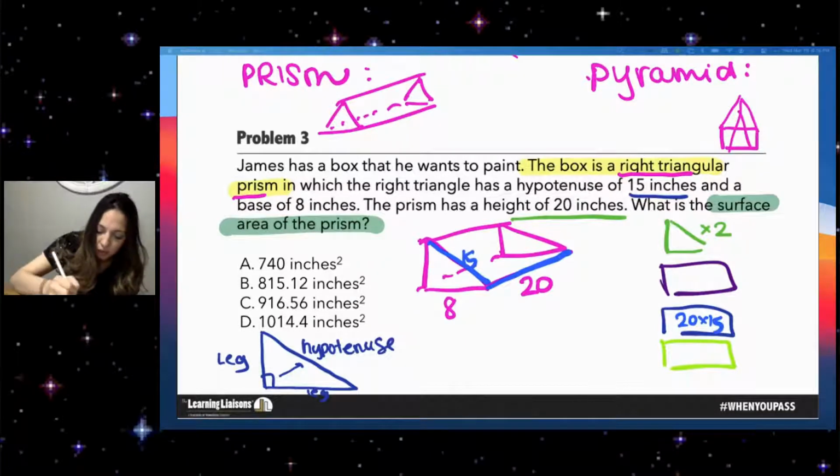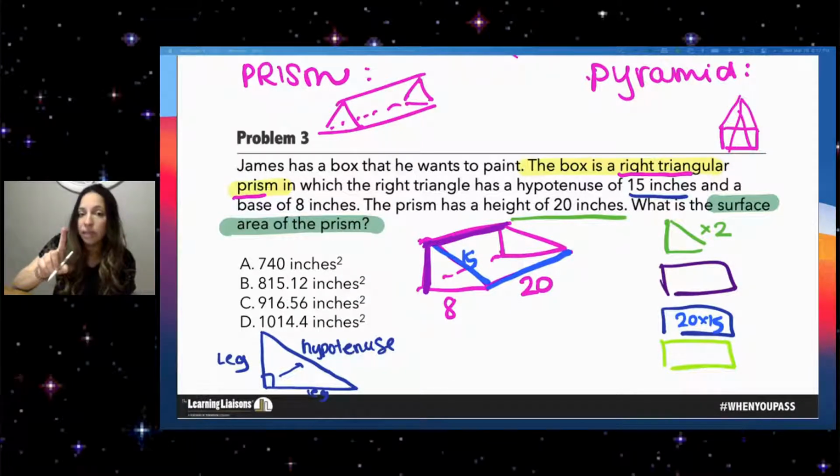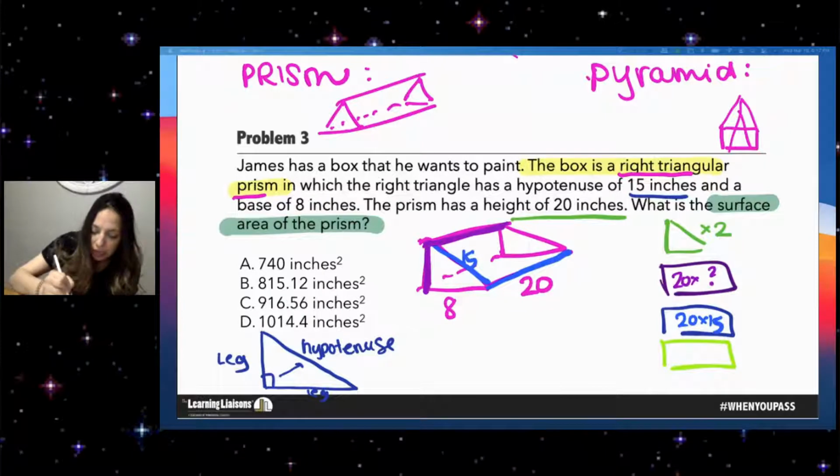Then I have 20 times this missing side. I have not found that missing side yet, so I'm just going to write 20 times question mark. Then the green, I have 20 times 8.